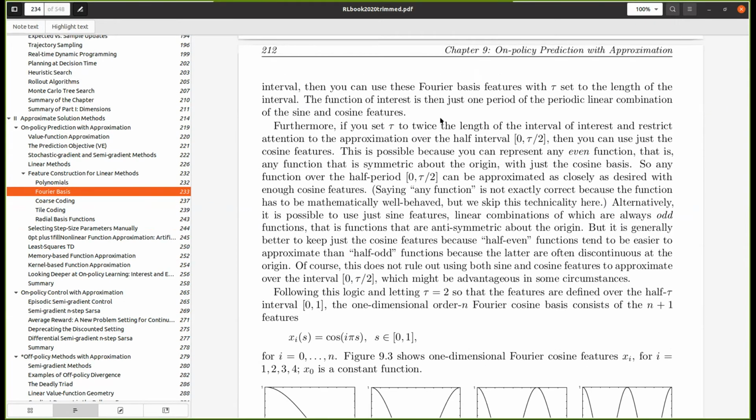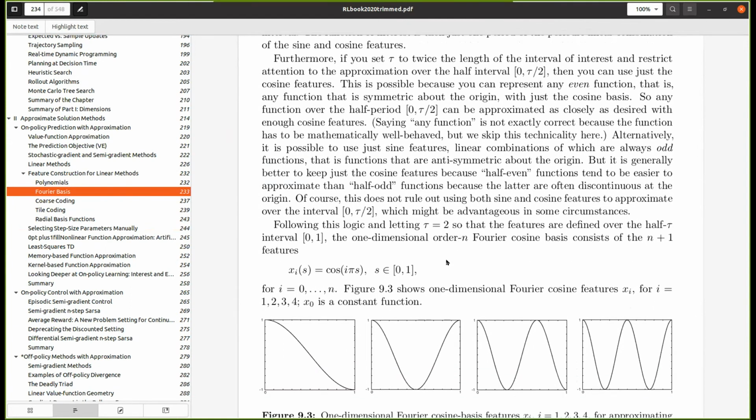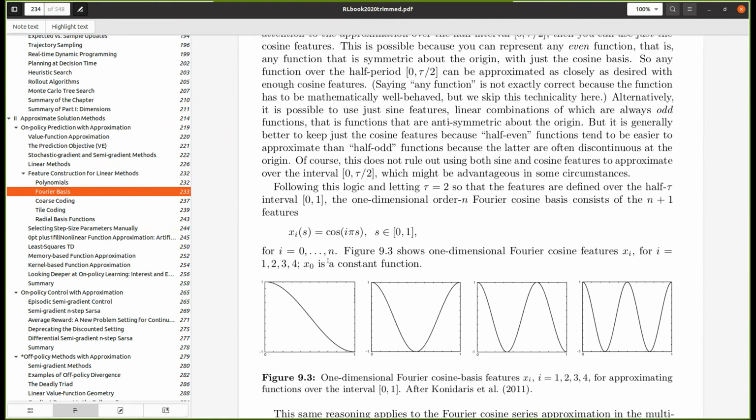As you can see, this is not a full Fourier basis, but a half interval. And in this case, we consider only cosines as a basis.